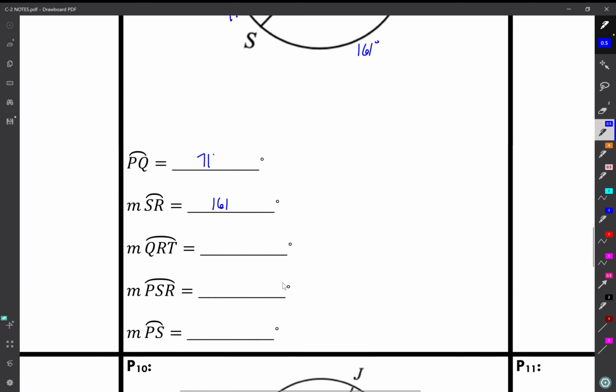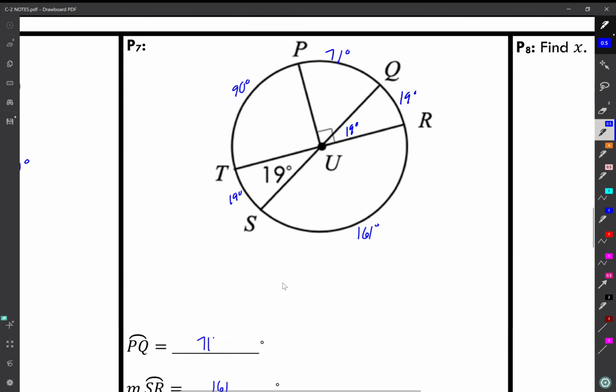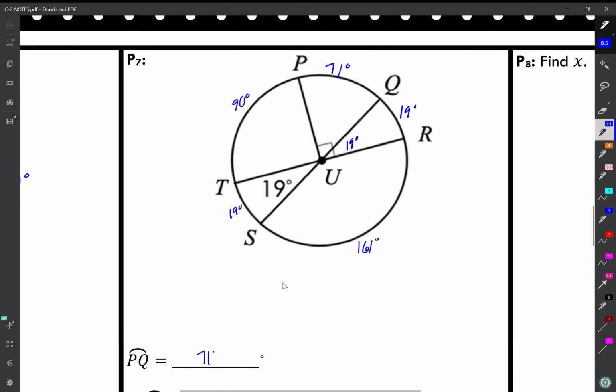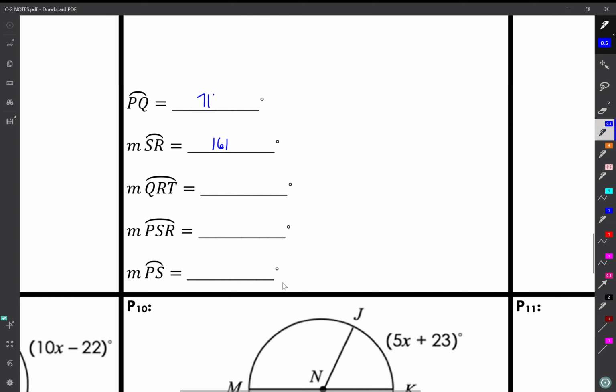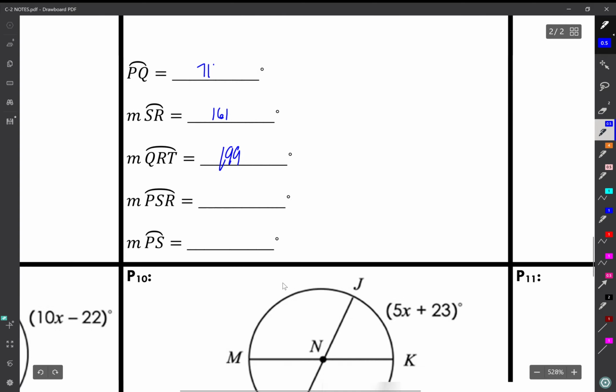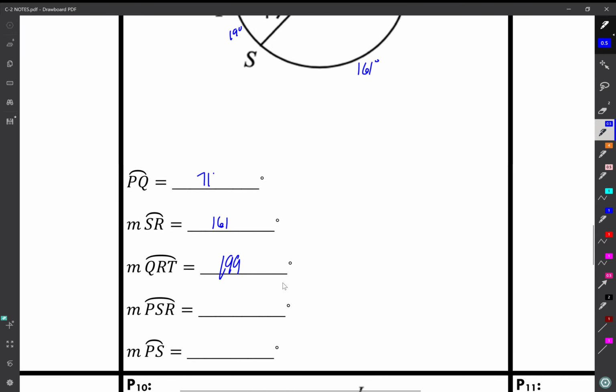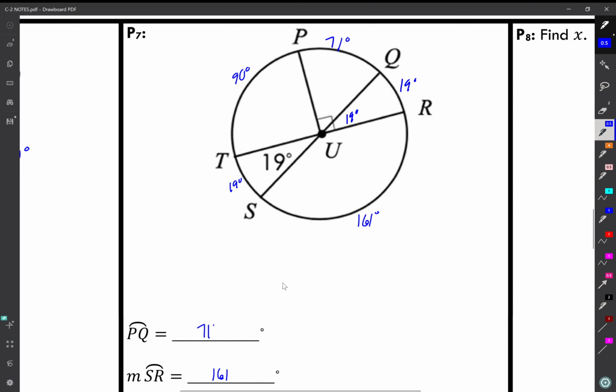Okay, QRT. Let's see, QR. So Q, we go to R, that's 19. Then we go another 180 to get to T. So that's going to be 199. Okay, now PSR. That's going to be arc PSR, of course. So basically I'm going 3/4 of the circle.